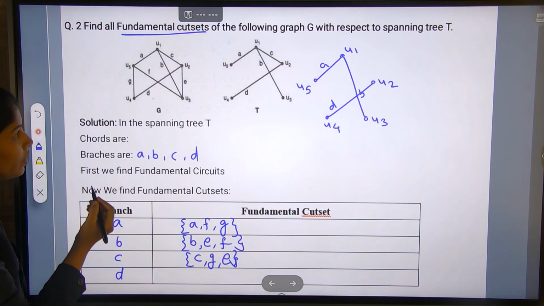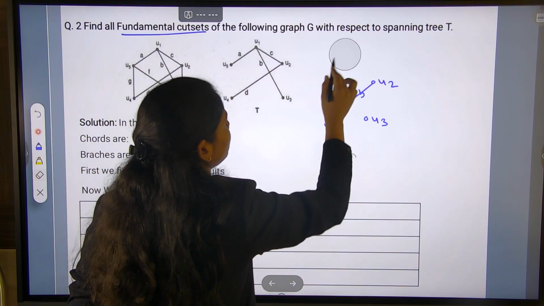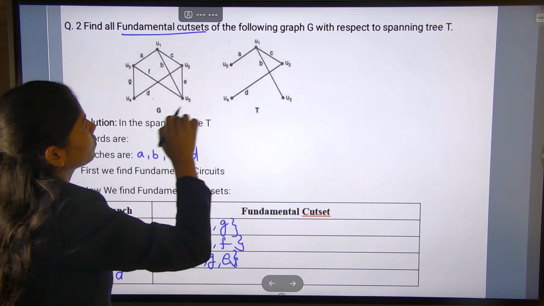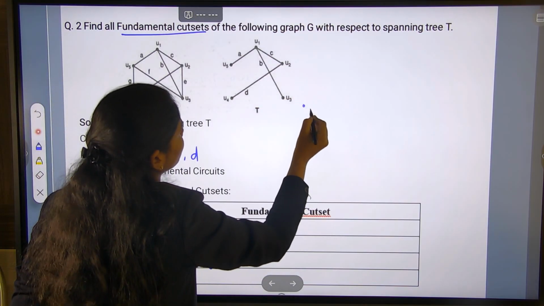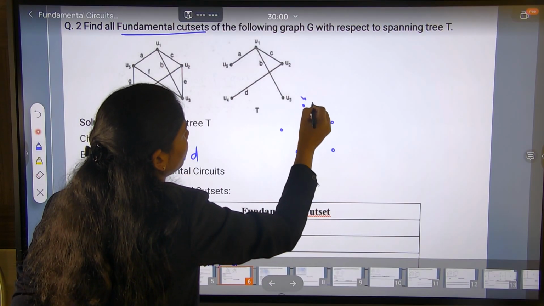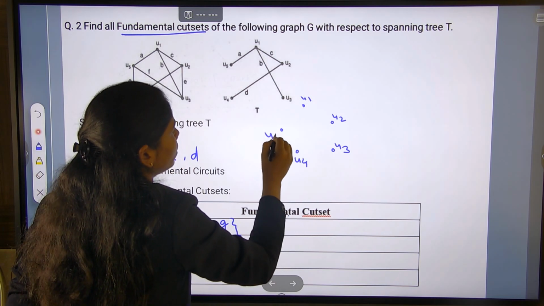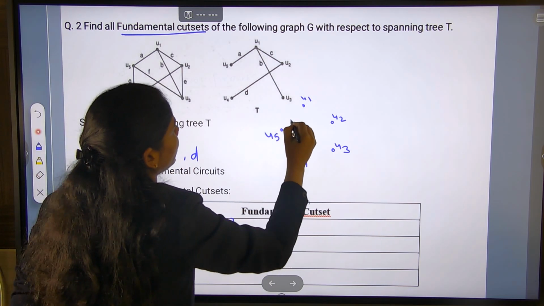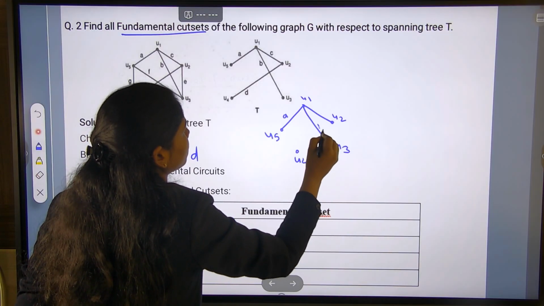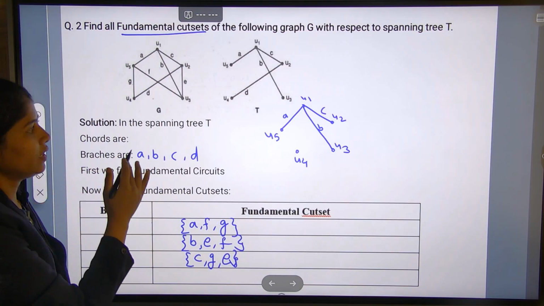Then check for D. Remove that edge. So we get U1, U2, U3, U4, U5, A, B, C. After removing D, we get two disconnected components.